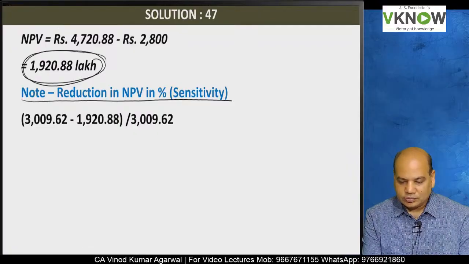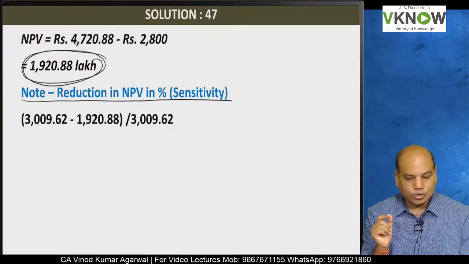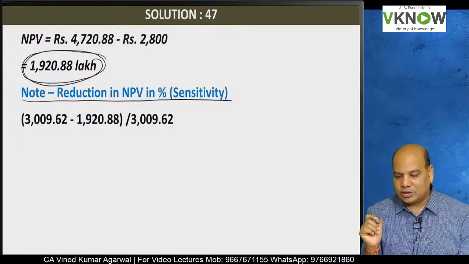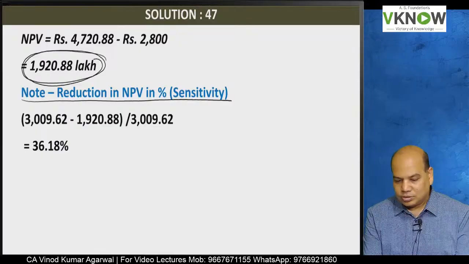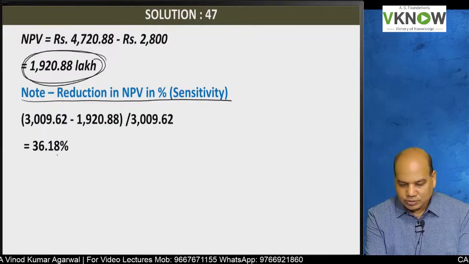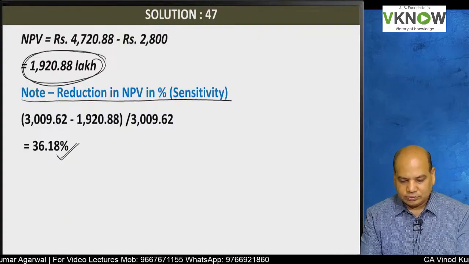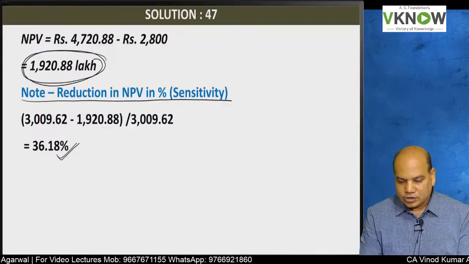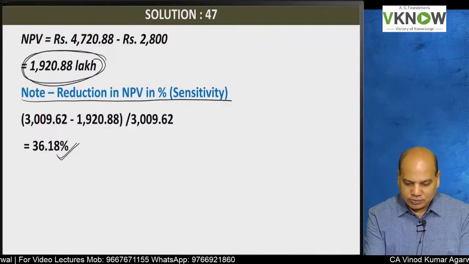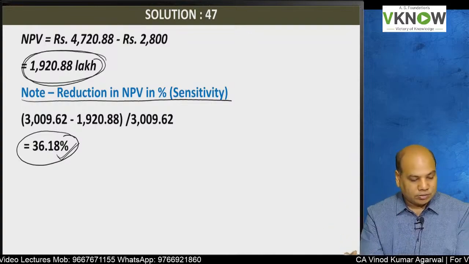The answer is 3009.62 minus 1920.88 divided by 3009.62. The answer is right. Wonderful. 36.17 or 18 is okay. This is right.